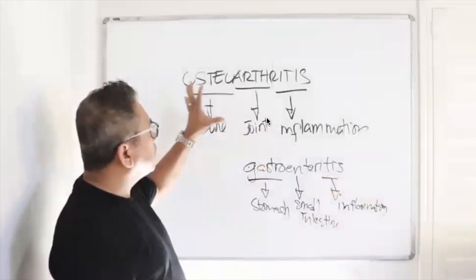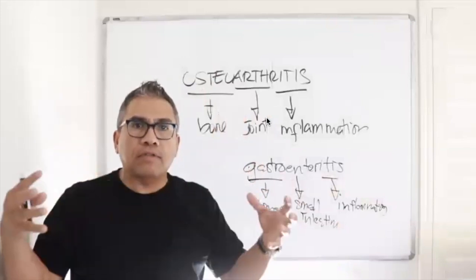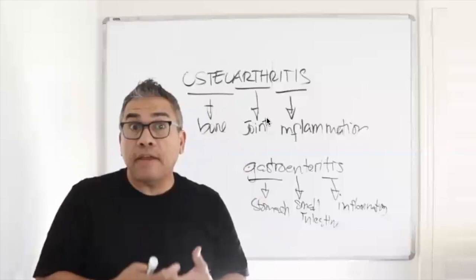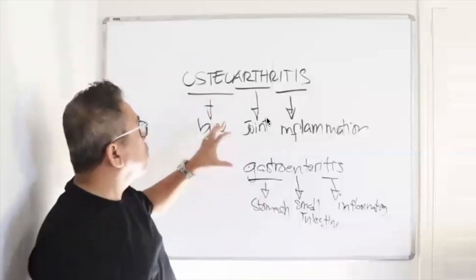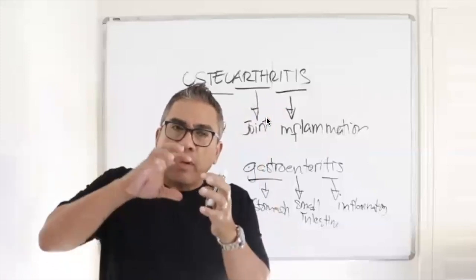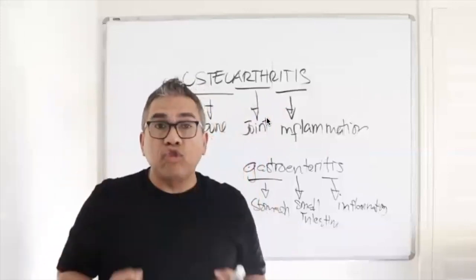So that's what I meant about how these clinical terminologies are fused together to mean something really clinically significant, right? So osteo, bone, arth is joint, itis is inflammation. So there's something going on, there's inflammation in that convergence of the bone and joint.